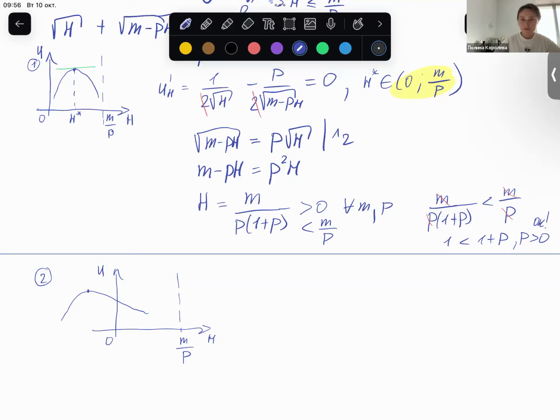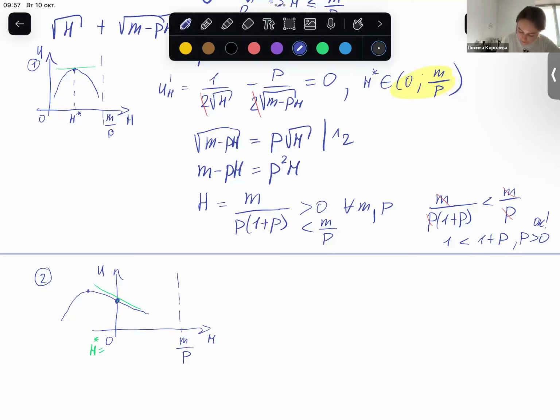We do not consider negative amounts of the good, so our solution will be here: the maximal utility we will get when heating is equal to 0. But this will be the solution only if at this actual point the tangent line has a negative slope. And we write down this.